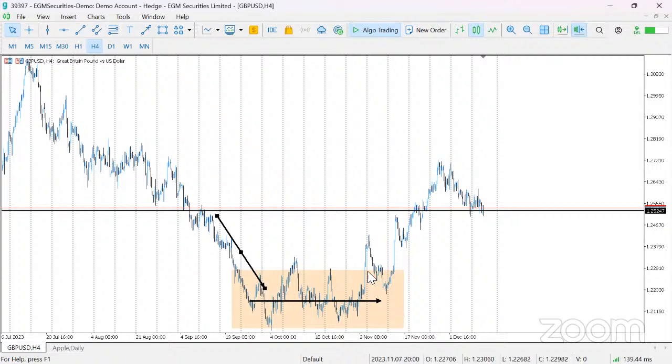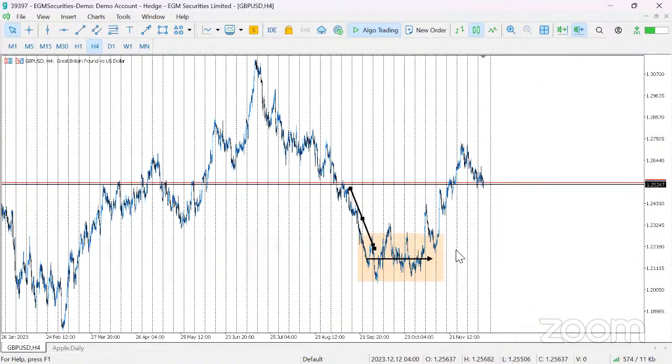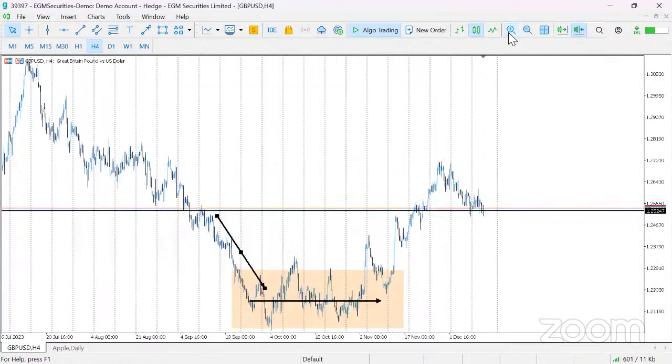Now, this is a stage of accumulation, and we'll have more advanced topics with regards to the specific swings and what a swing outside the range means, and things like that. But just to simplify things, the market moves from a state of accumulation, where the market is just consolidating until eventually buyers become more than sellers.